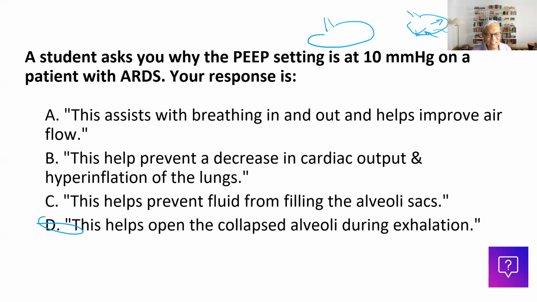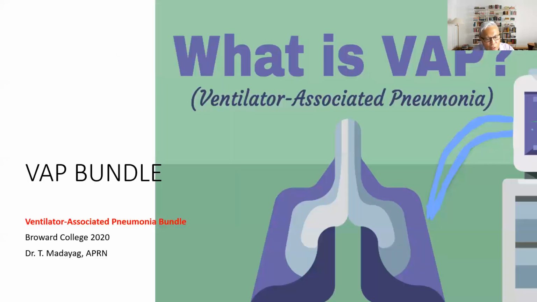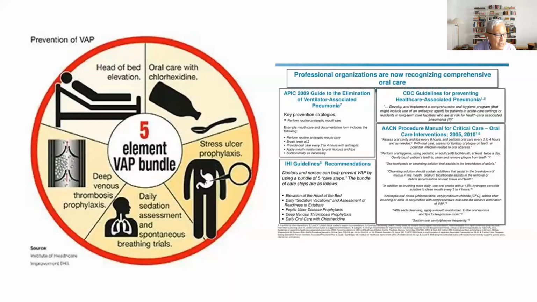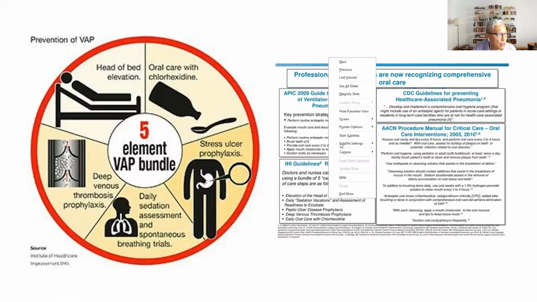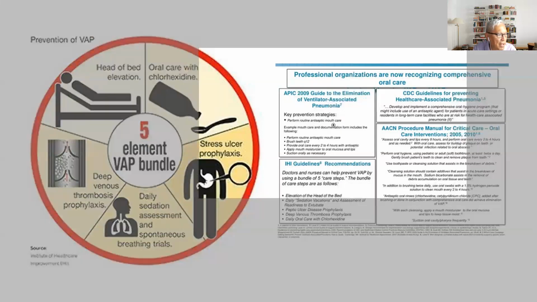Okay? All right. So in as much as the patient is going to be on a ventilator, we have to make sure that we decrease the possibility of ventilator-associated pneumonia. And so anytime a patient is on a ventilator, we always have to have several strategies in order to prevent them.